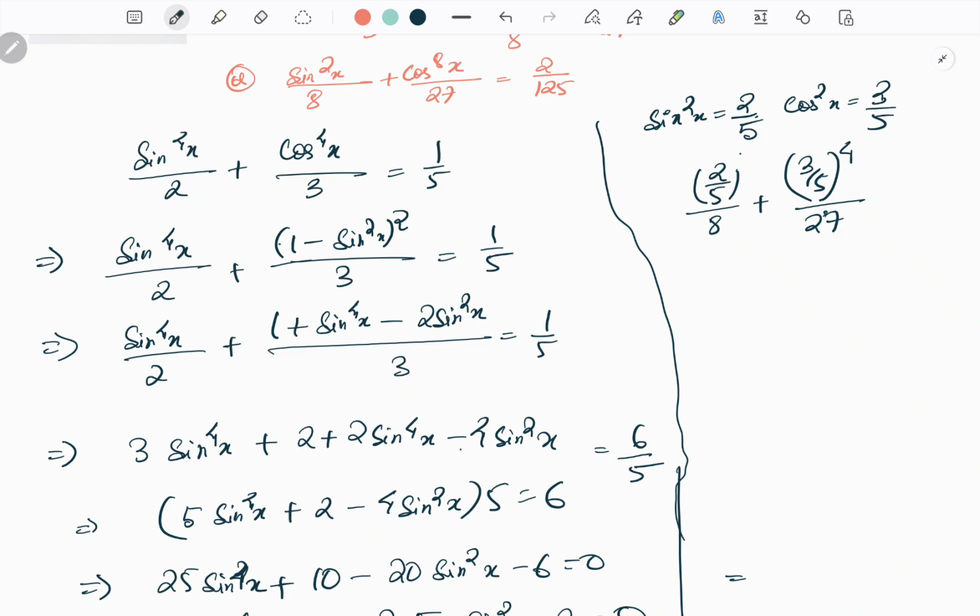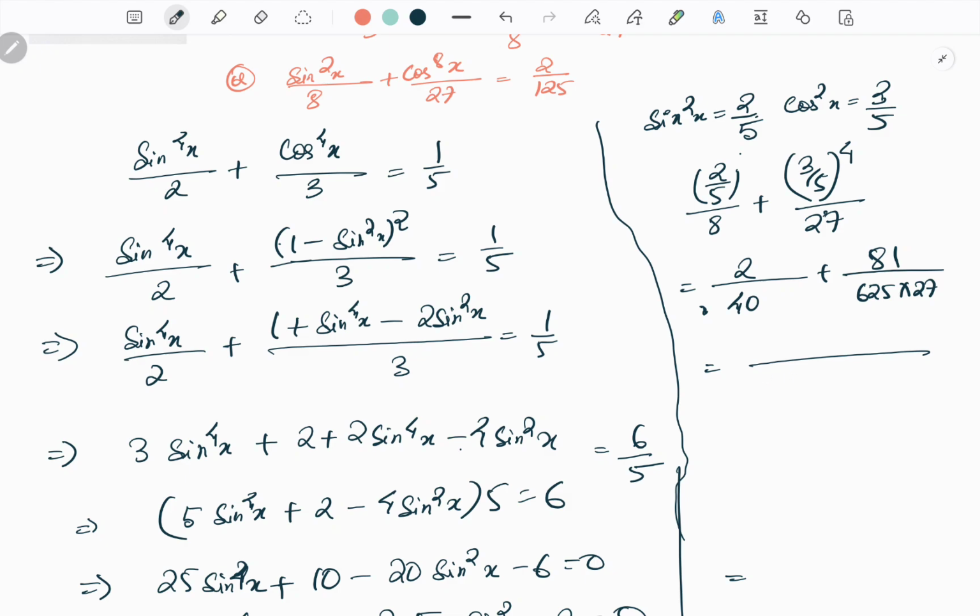Anyways, let's just do it. So 8 5s are 40 by 2, and this will be again 625 into 27, and 9 9s are 81. So I think we'll get the same answer for the LCM.